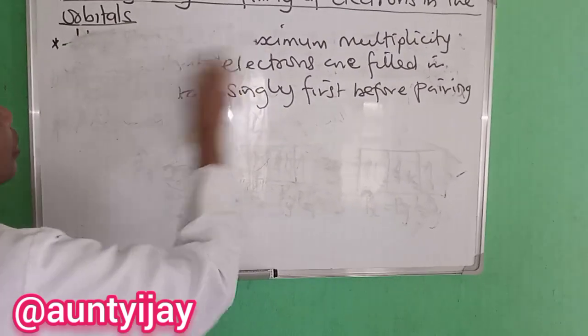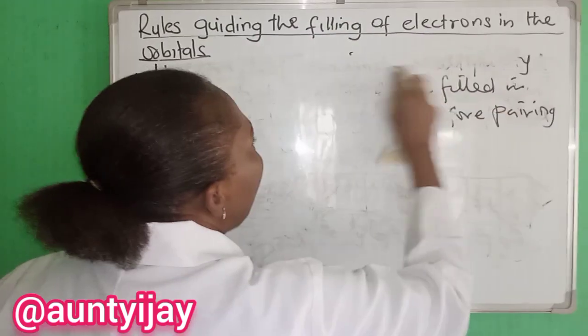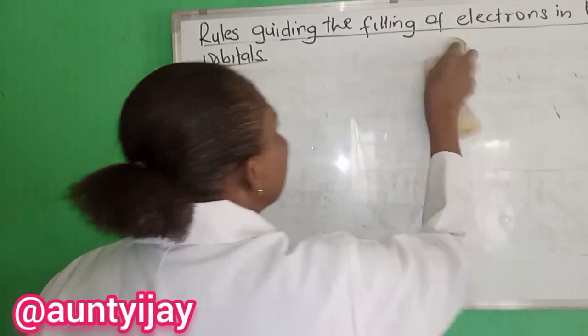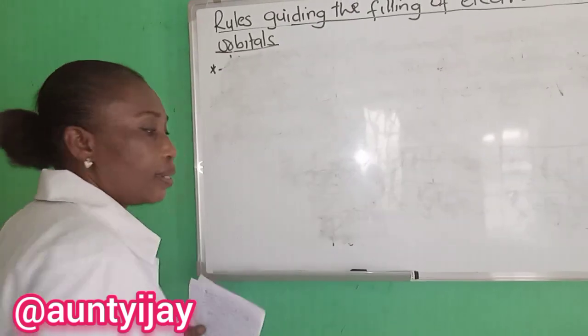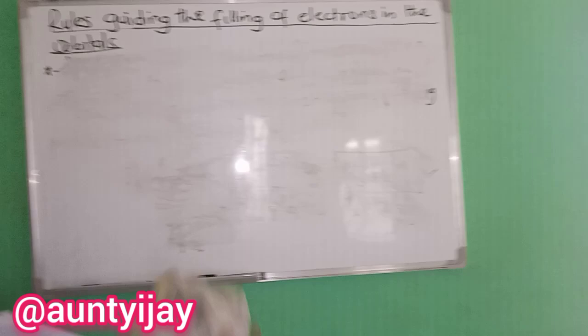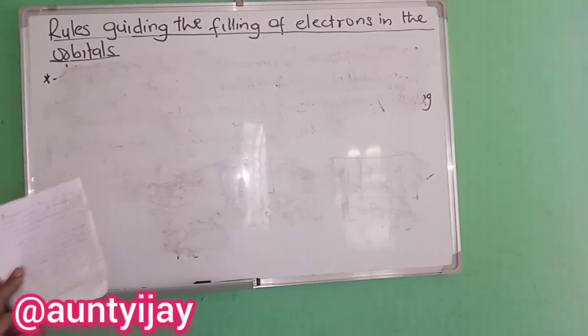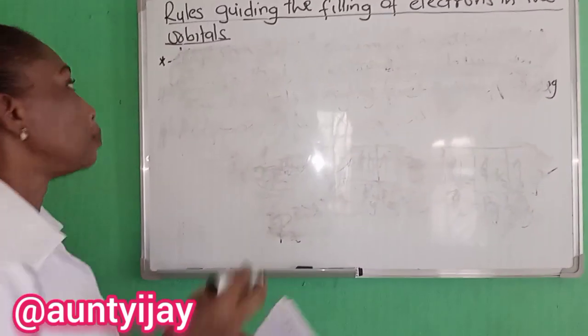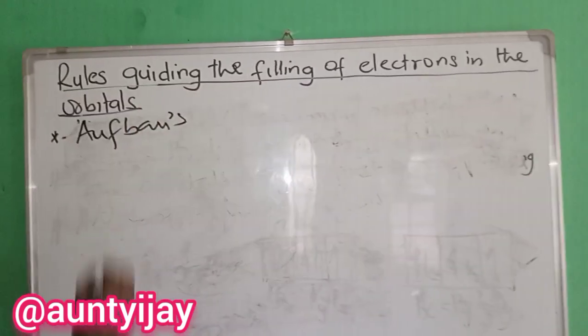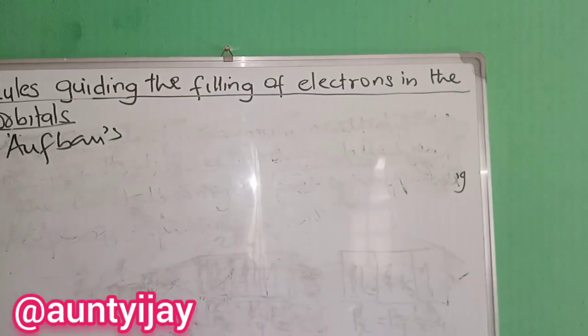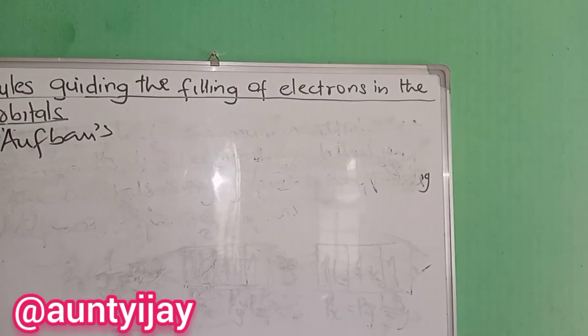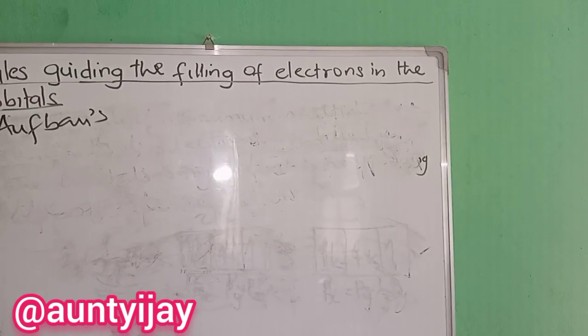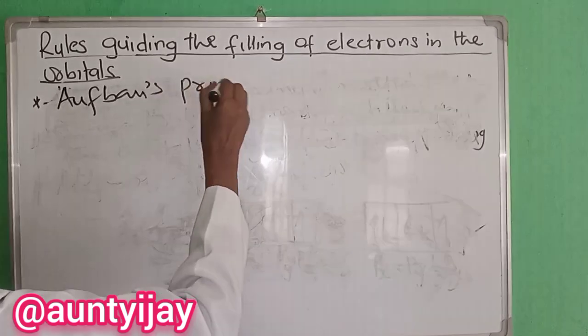We have the orbitals starting from 1s. The orbitals and shells are not of the same energy level, according to Aufbau. Aufbau tells us that orbitals and the shells are not at the same energy level.